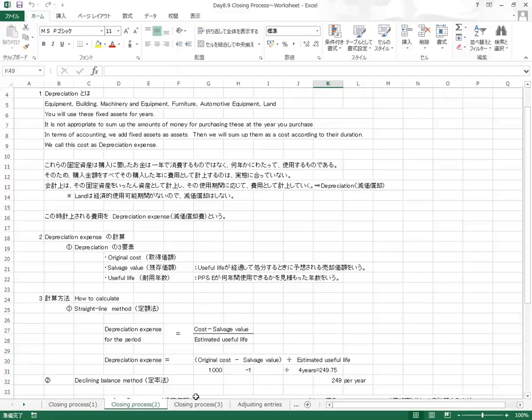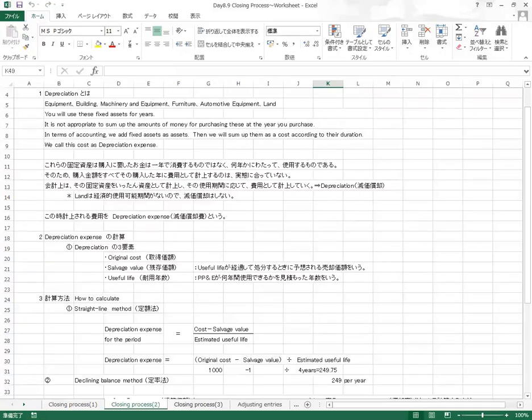Like, if the government sets useful life for a machine as 10 years, it is okay for you. My machine is useful just for 6 years. But if you offer to the government that my machine will be useful till 12 years, that is prohibited. That is a Japanese rule.